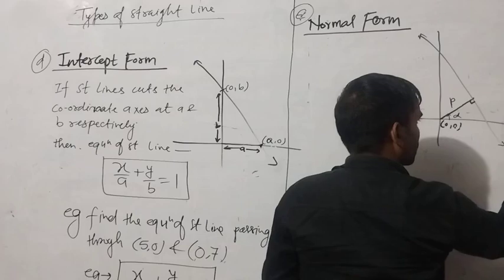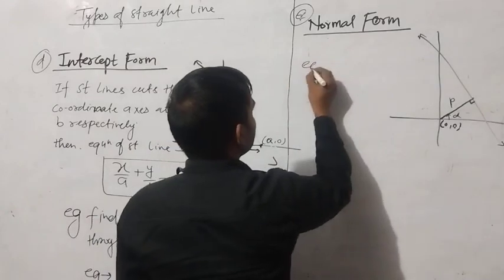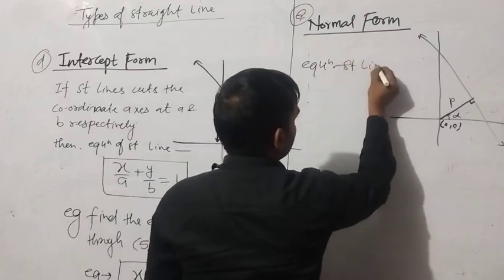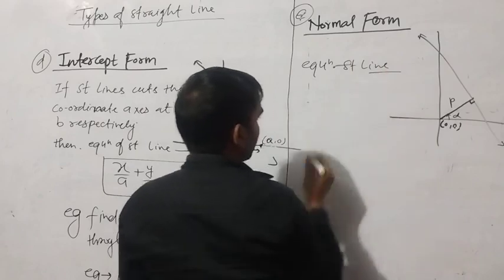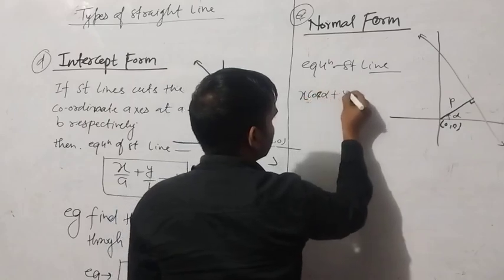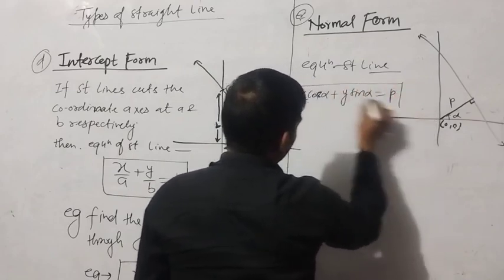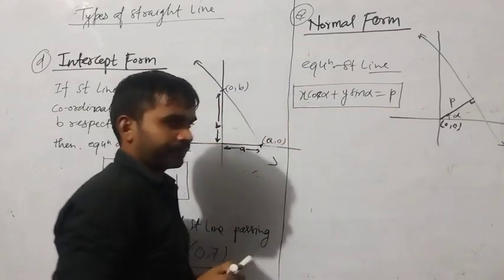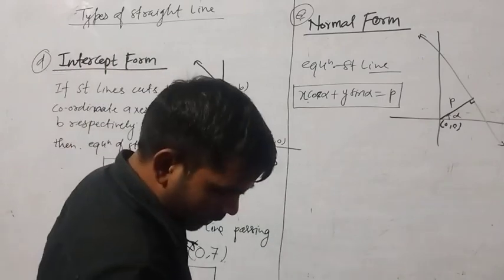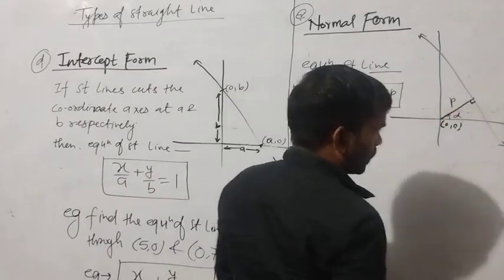Then we can simply write the equation of the straight line as x cos alpha plus y sin alpha is equal to P. So this is the equation of a straight line when we are given the length of the normal from the origin to the line and the angle made by the normal from the positive x-axis.